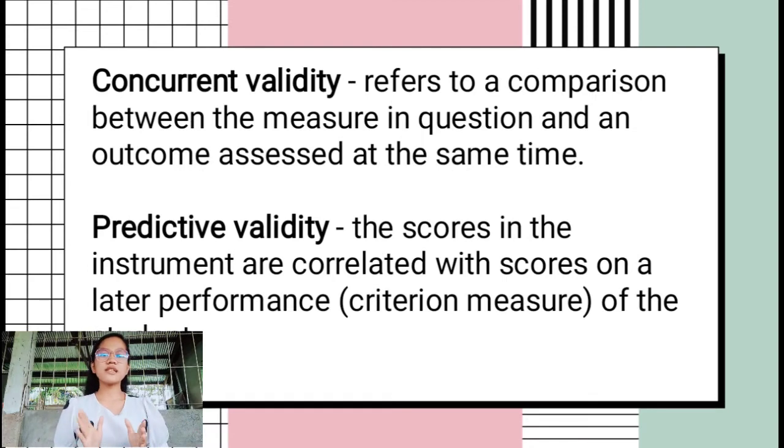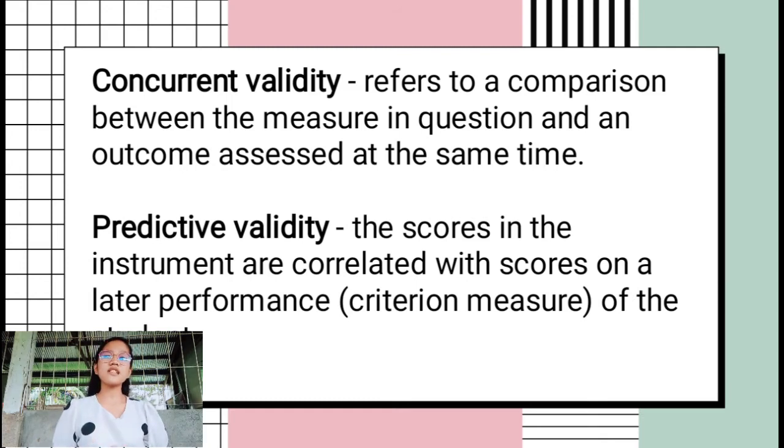Concurrent validity refers to a comparison between the measure in question and an outcome assessed at the same time. An example of concurrent validity is a comparison of the scores in a math exam with course grades in grade 12 math.